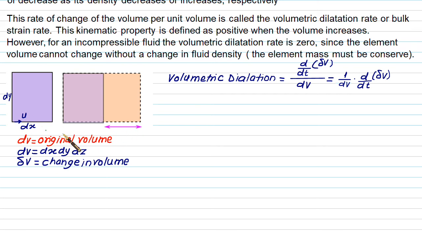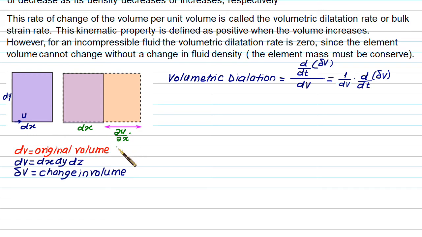So the volume has changed here. The initial dimension is dx, dy, and the new dimension is dx plus the change along the x direction, which can be obtained as del u by del x, the velocity gradient along the x direction, multiplied by dx in a small interval of time equal to delta t.